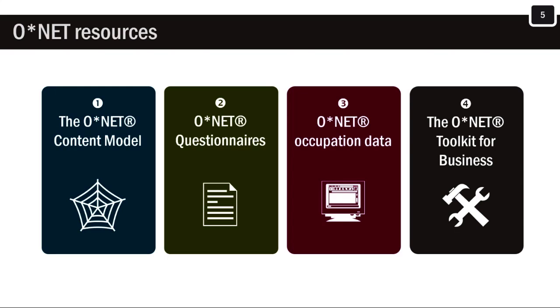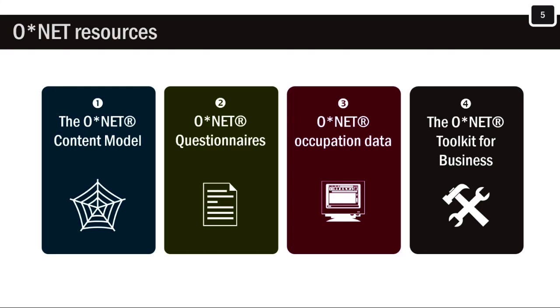And last but not least, to help organizations use the information collected by ONET, the ONET authors have also provided a so-called toolkit for business, a set of guidelines for using ONET for various business purposes, with examples and case studies for illustration. And this is also available for download from the ONET website.